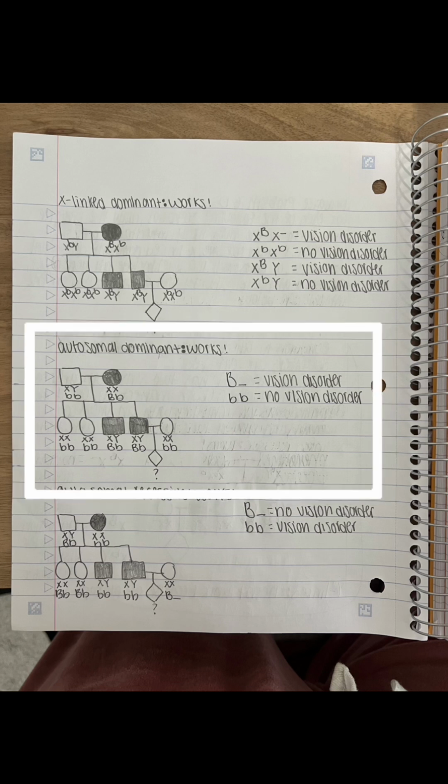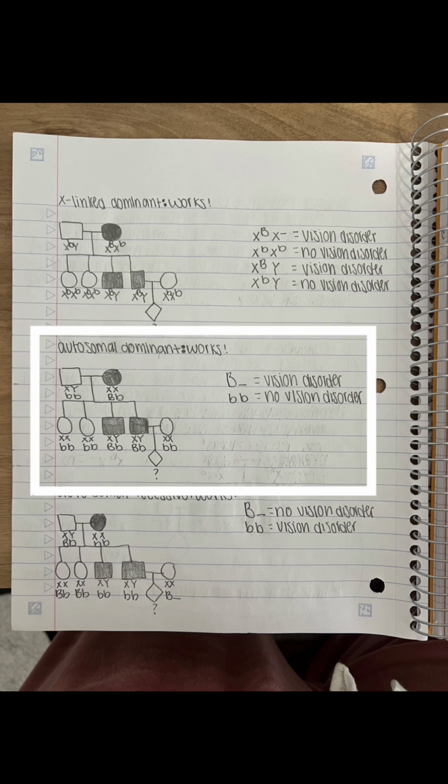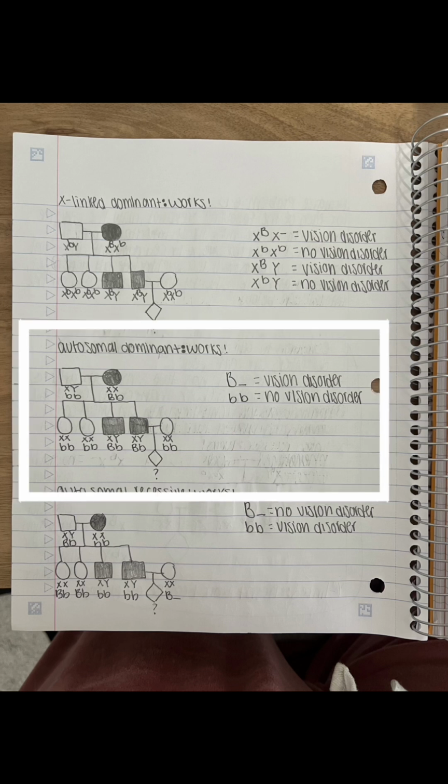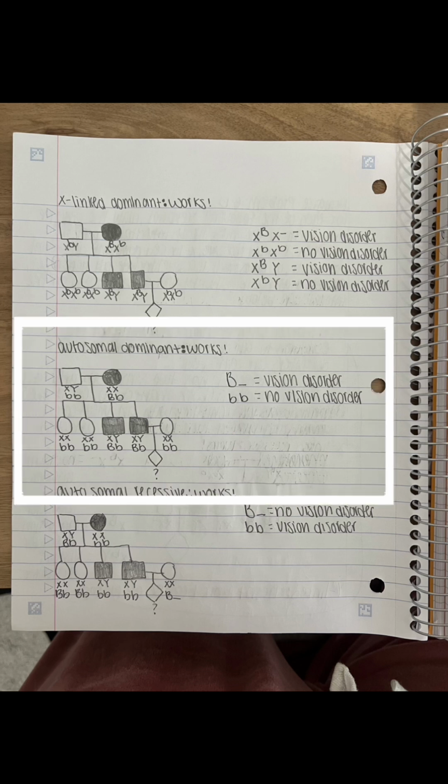So either big B has a vision disorder and then little b's have no vision disorder. And so it would pretty much be the exact same scenario as the X-linked dominant. It just wouldn't be X-linked. So the father would just have two B's, and the sons would have to have big B and little b in order for this to work.